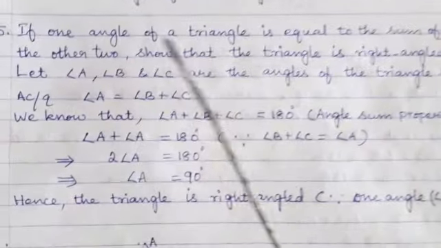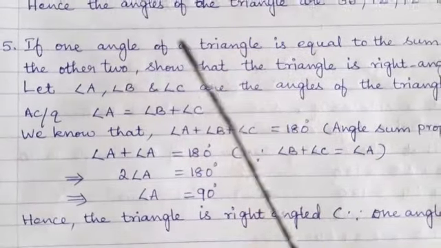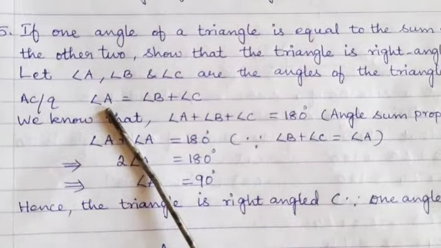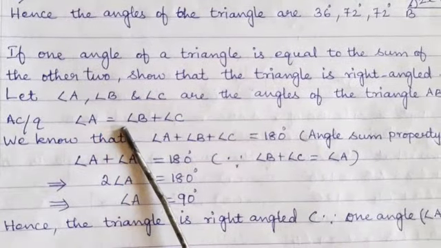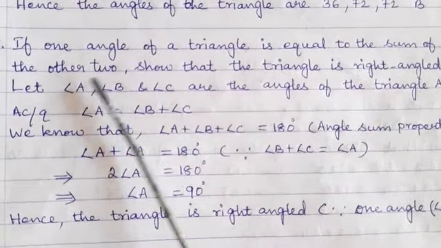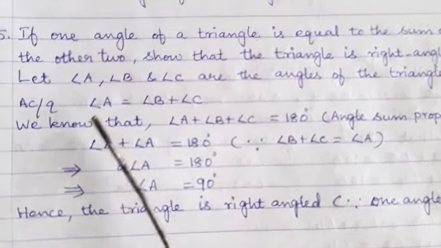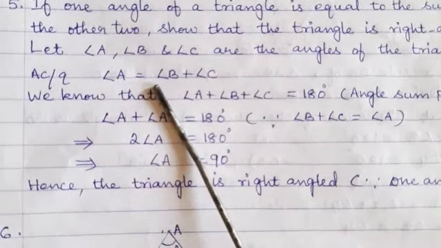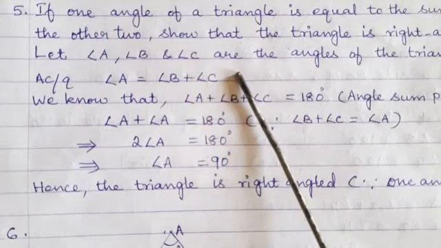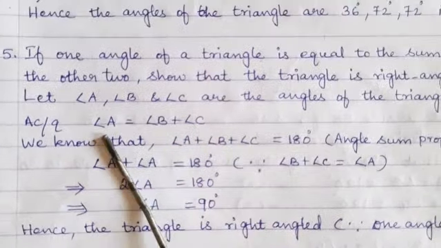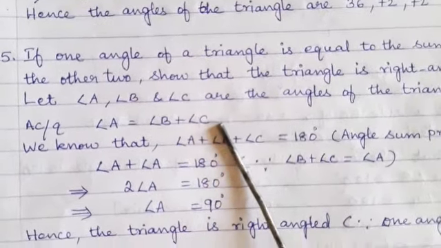According to the question, I am taking one angle, that is angle A, equal to the sum of the other two. What are the other two angles? That is angle B and angle C. So angle A is equal to angle B plus angle C. According to the question, I have framed the equation here.